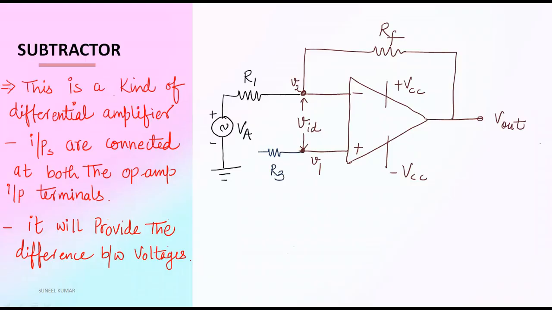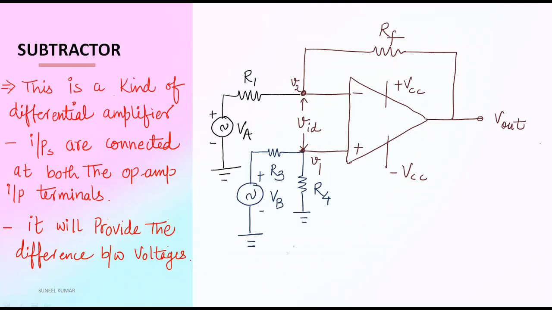Let's say this is R3. This one is R4, and a voltage is connected with this R3 resistance. Let's say this is VB. So this becomes the circuit diagram for subtractor.